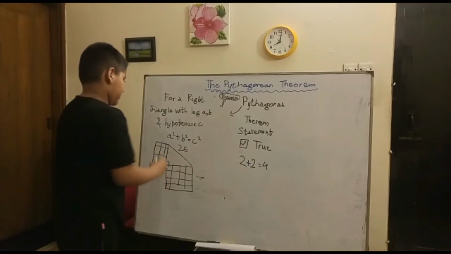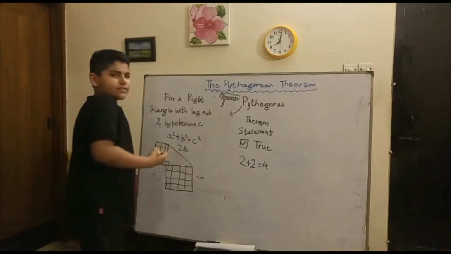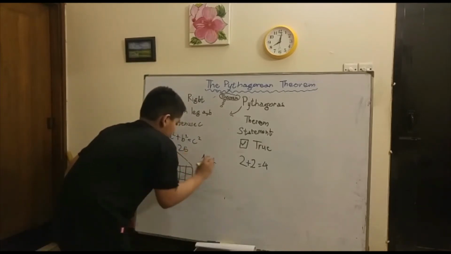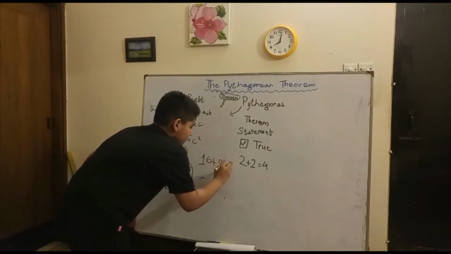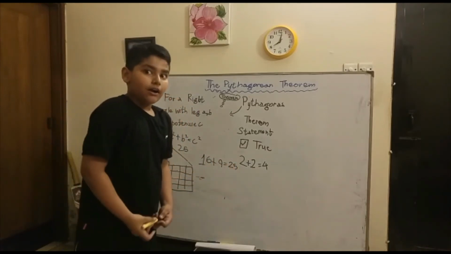I just wrote here like there would be 25 squares. But is it true though? Let's see, 16 plus 9, which are the amount of squares, is equal to 25. Wow, those Greek people were smart.